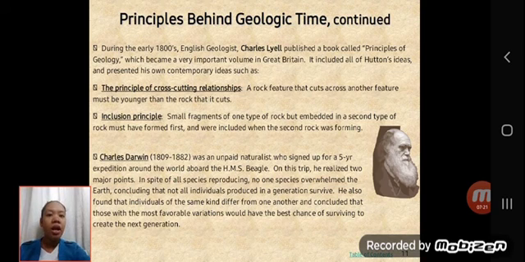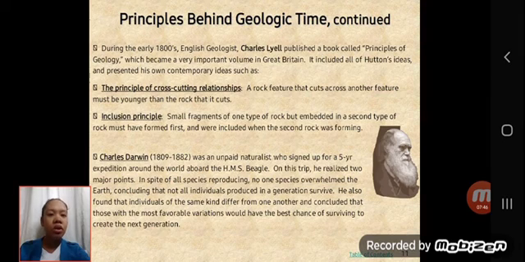During the early 1800s, English geologist Charles Lyell published a book called Principles of Geology, which became a very important volume in Great Britain. It included all of Hutton's ideas and presented his own contemporary ideas, such as the principle of cross-cutting relationships and the inclusion principle.